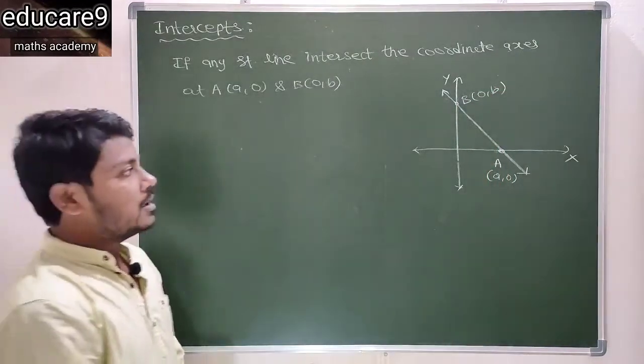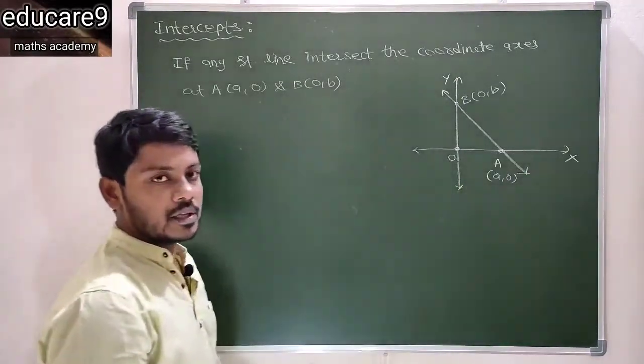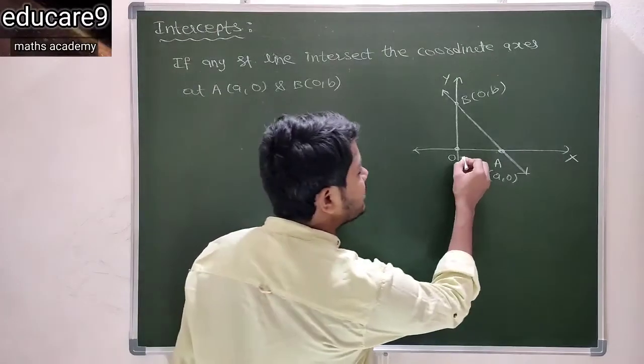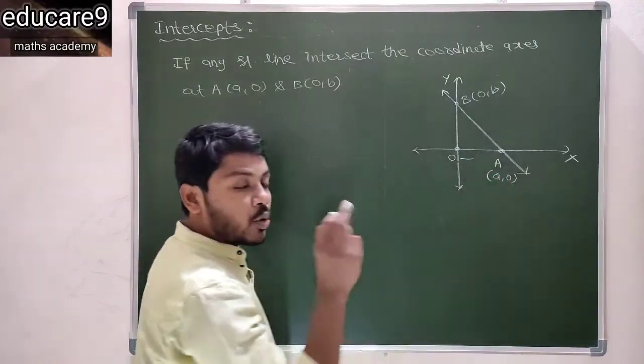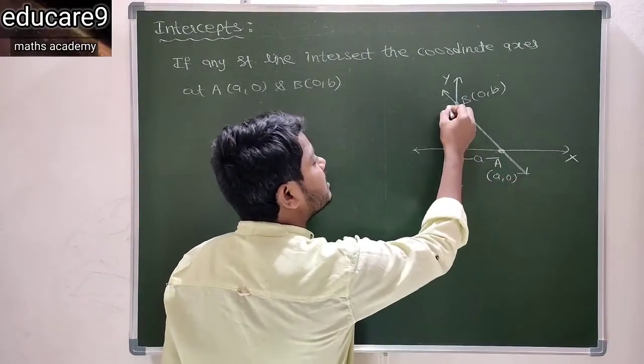Now the point of intersection of the axes is the origin. Then OA distance is what? The x coordinate of A, that is a. And OB distance is what?